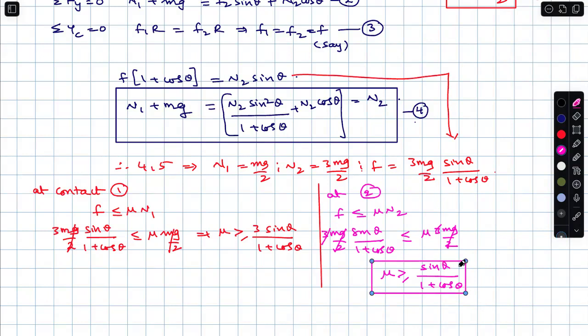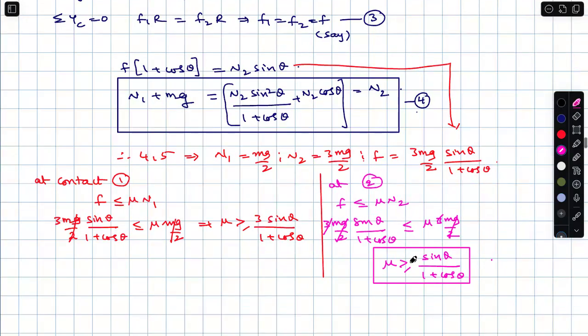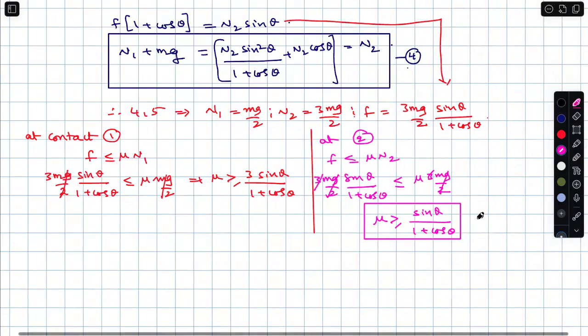Mu must be greater than or equal to sin theta by 1 plus cos theta is one condition, and mu must be greater than or equal to 3 sin theta by 1 plus cos theta. So now see, if I choose 2 as a criteria, it will fail at 1. But if I choose 1 as the criteria, it is justified at both 1 and 2 contacts.